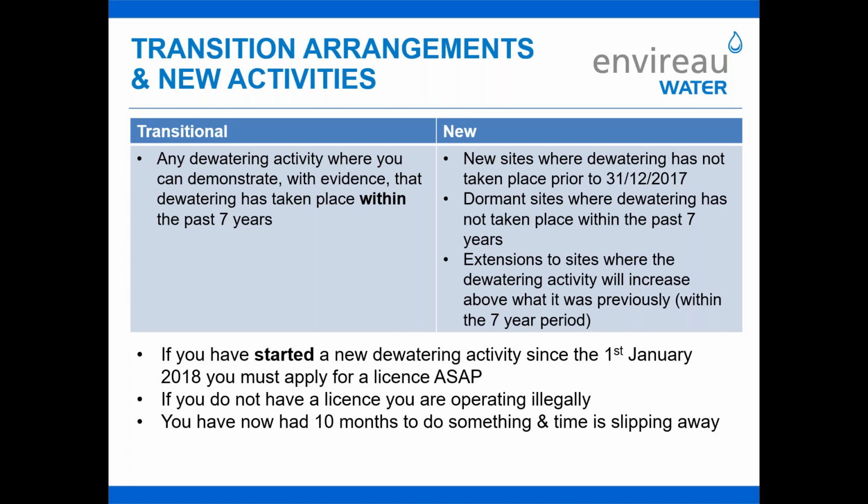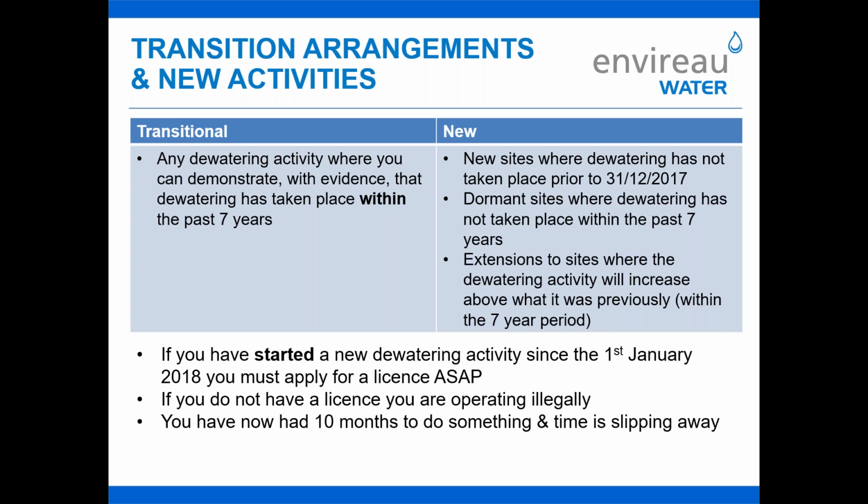The other situation that you might be in is that you hadn't started dewatering, so you started dewatering on the 3rd of January of this year, or indeed you were only dewatering a little bit historically, and the rate of dewatering, the amount of water being pumped or the level of water in the quarry, has had to be dropped this year in 2018 compared to before.